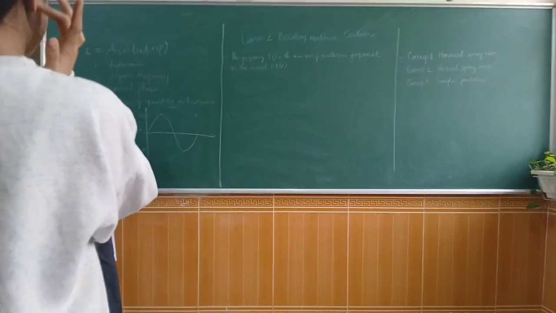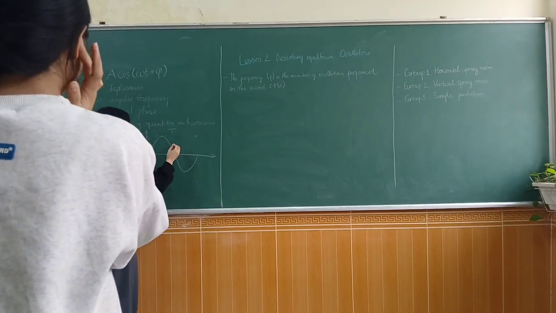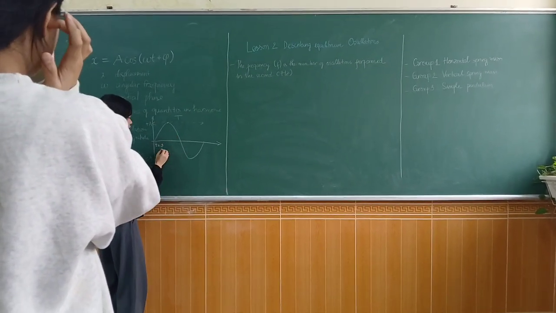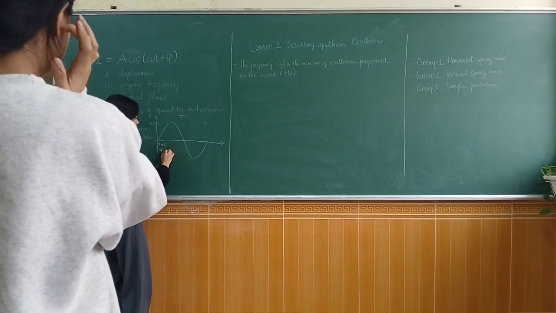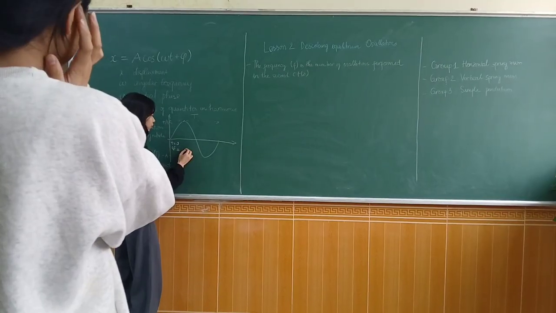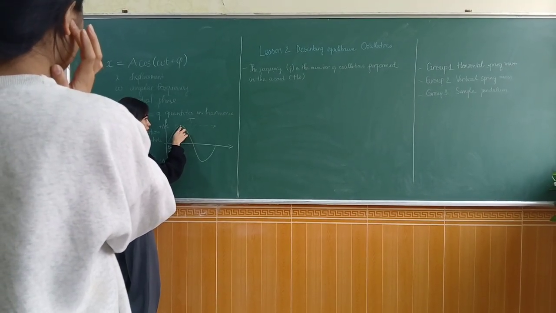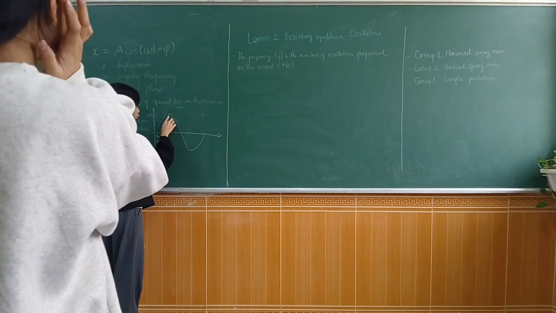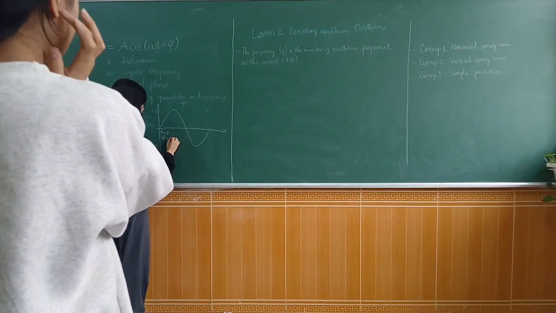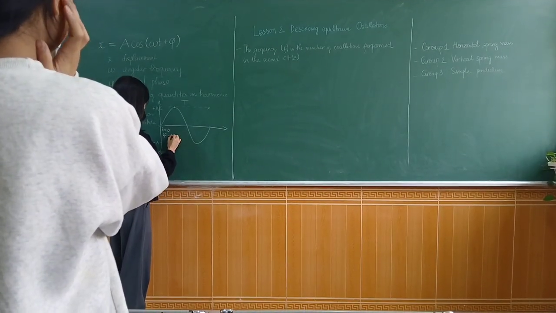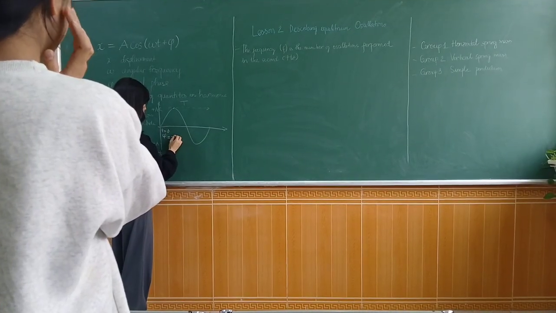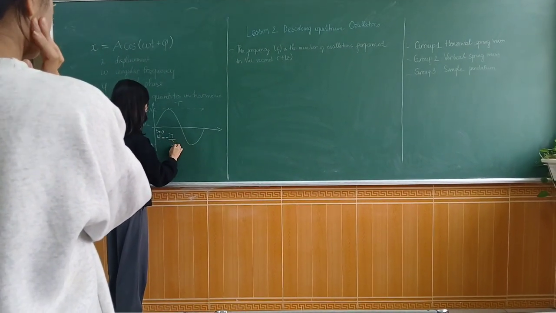I can see that at t equals 0, the object is at the equilibrium position, and it moves to the positive amplitude, and the initial phase of the motion is minus pi over 2. Okay, thank you.